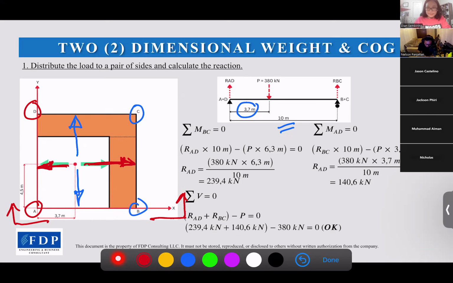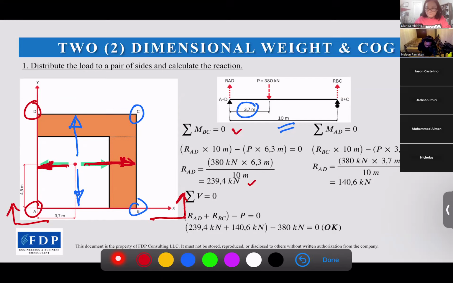To get the reaction at AD, we can use the moment at BC equals 0. So we get our reaction at AD is 239.4 kilonewton.